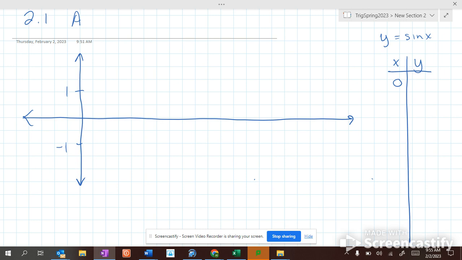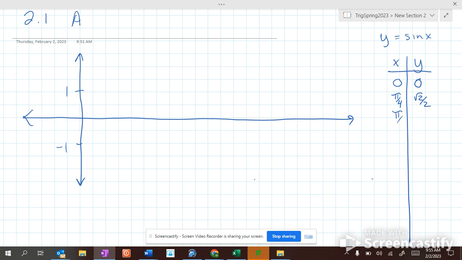What's the sine of 0 radians? 0. Then we're going to look at pi over 4 radians. What's the sine of pi over 4 radians? Square root of 2 over 2.